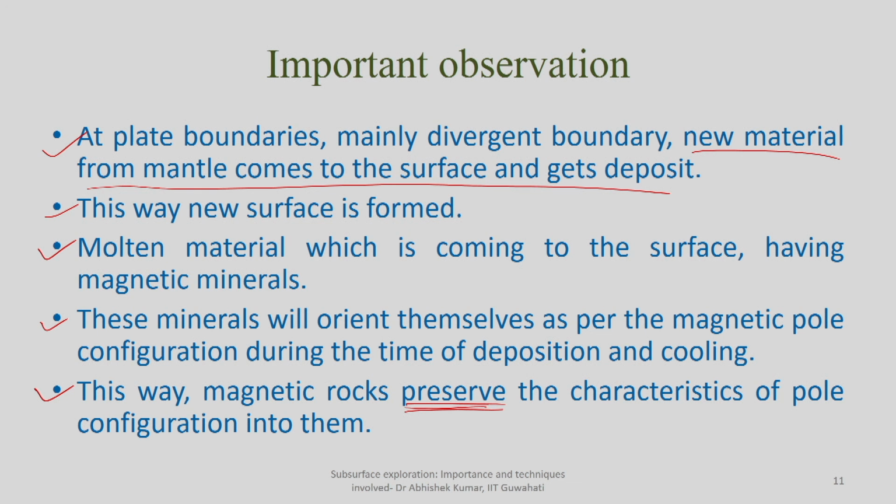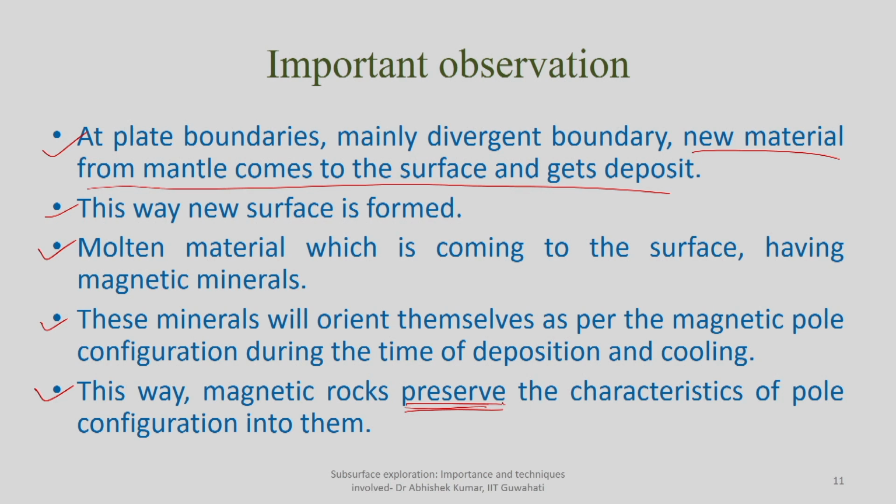So, at a later stage, if you bring out that material, you can get an idea not only about the age of that sample, but also what the configuration of magnetic north and south pole was at the time when it was deposited. So, it actually preserves the characteristics of pole configuration.